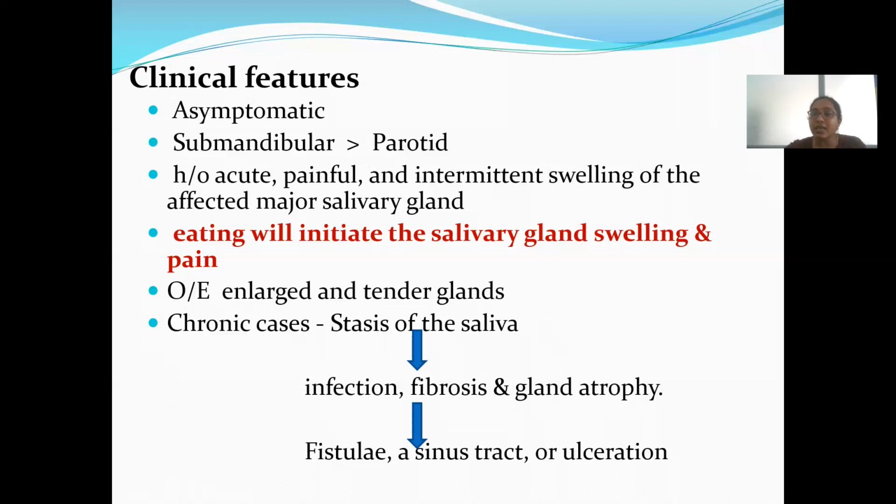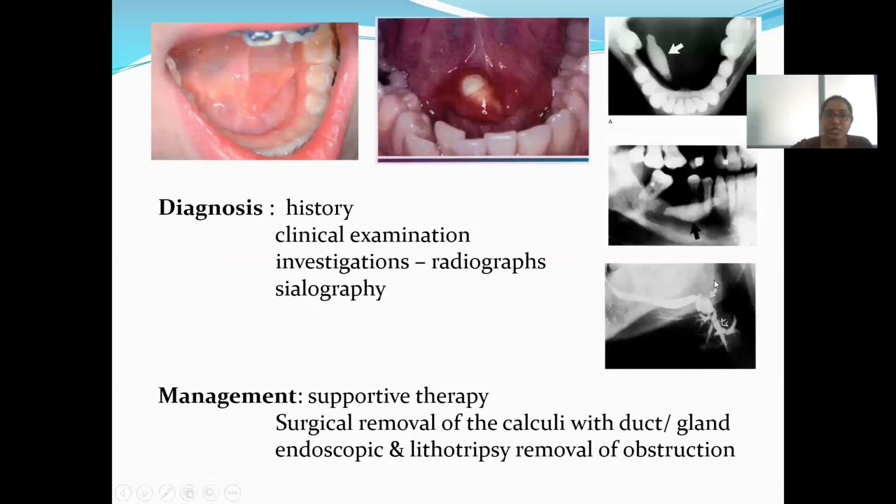That is the secondary phenomenon after the site of the calculus gets infected. So clinically, in chronic cases, you might see a fistula, sinus tract, or ulceration adjacent to the opening of the duct or adjacent to the site of your salivary stone. So these are the clinical features.